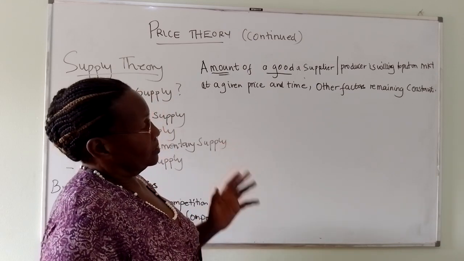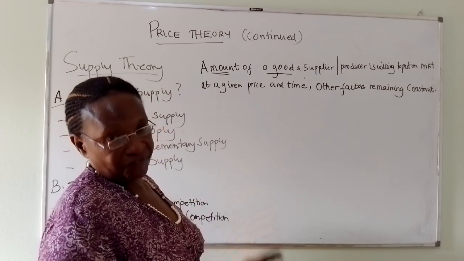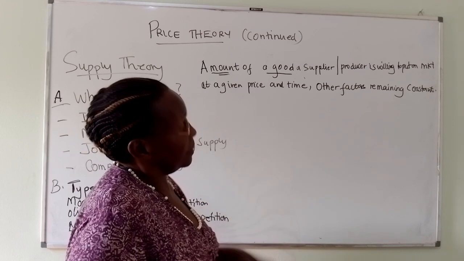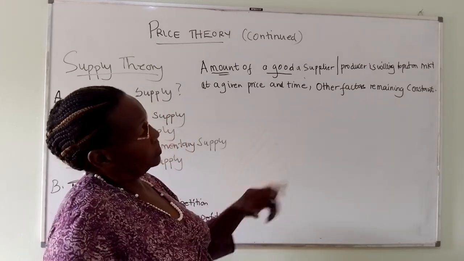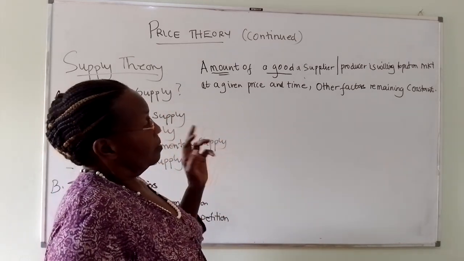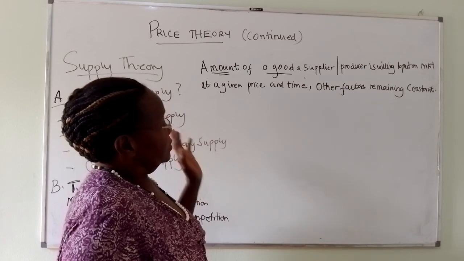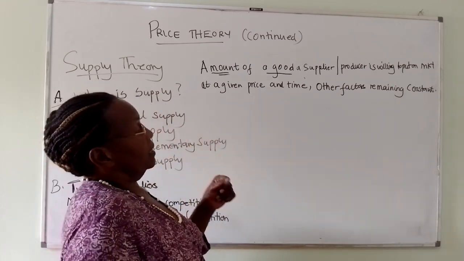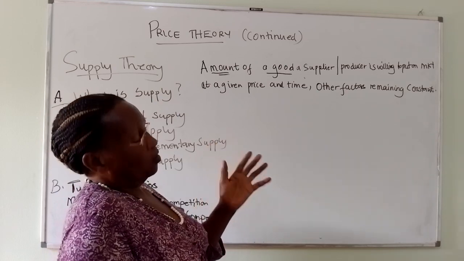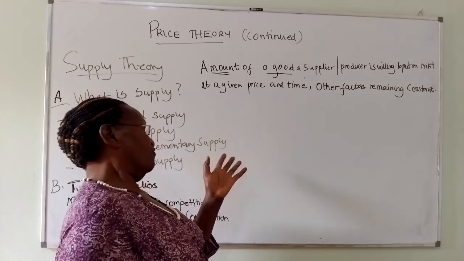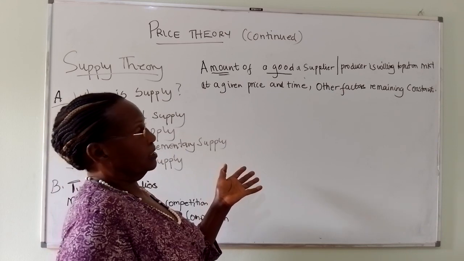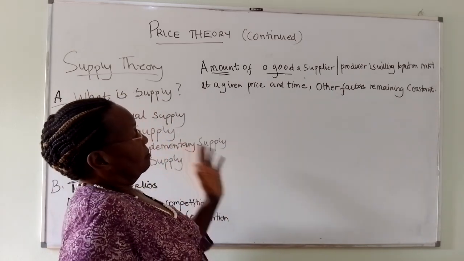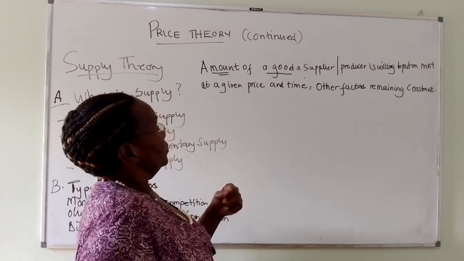The crop was destroyed when it was still on the farm. So other factors like natural factors are there, but now they are not the ones we are considering. We are simply looking at the price. The agricultural sector is commonly affected by natural factors being either favorable or unfavorable. Wherever they are favorable, supply increases. Wherever they are unfavorable, supply of a given commodity decreases.